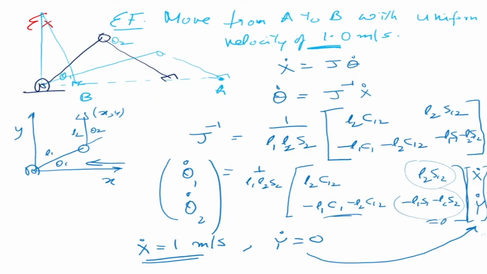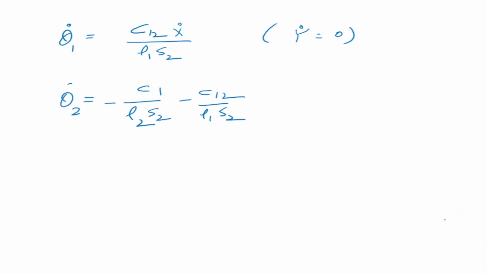Both cases, the y dot term becomes 0. So this is our expression for theta 1 dot in terms of x dot. Similarly theta 2 dot is equal to this.